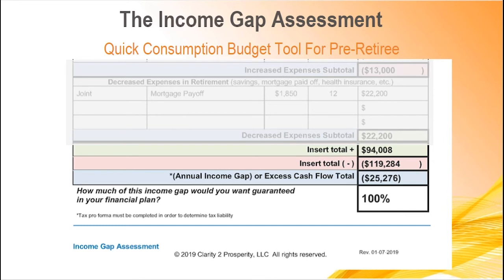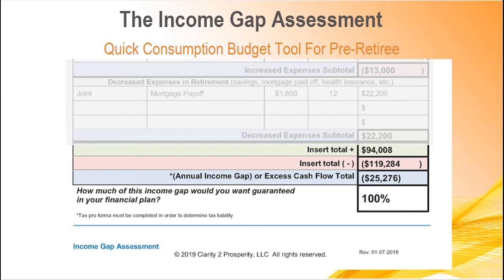Now, in some cases, particularly where a client has a really high pension amount, you might find that they actually have an income surplus, or what's called excess cash flow. In that case, they never need to pull a penny out of their retirement accounts to live off of. They actually have a surplus, and there are a lot of planning opportunities if they have a surplus.